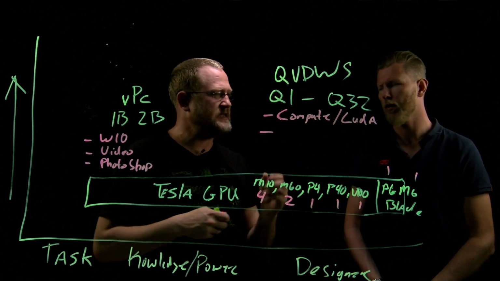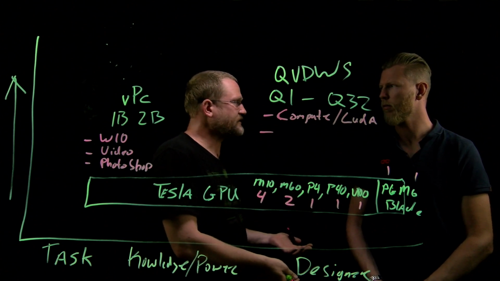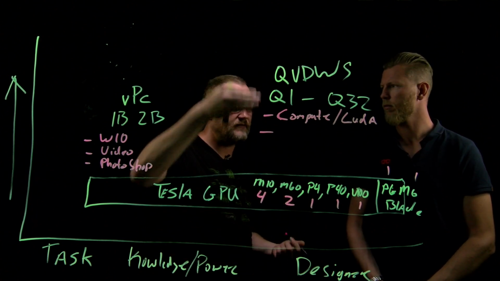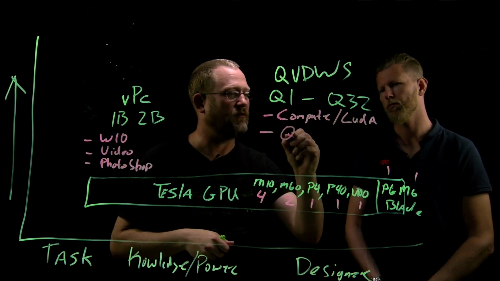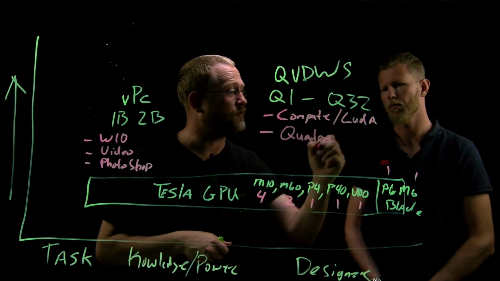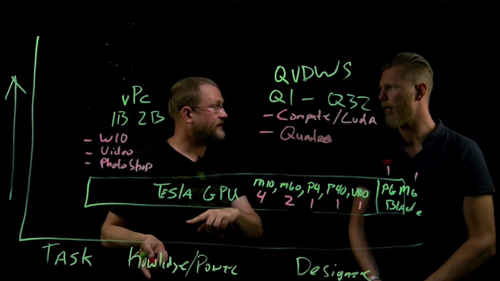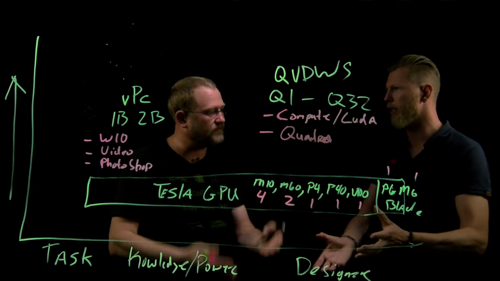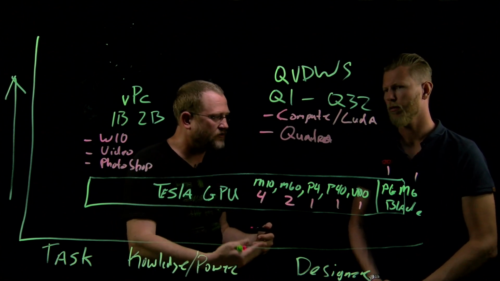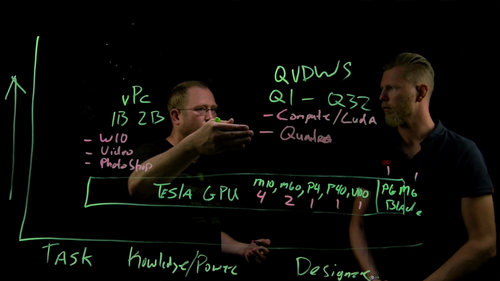The easiest, best question I like to ask customers or partners is, do you need vDWS? vDWS is Quadro. Are you currently running Quadro in your use case, in your current physical machine? Do you have a Quadro card? If you do, and your application expects a Quadro card, a lot of work is done with it.